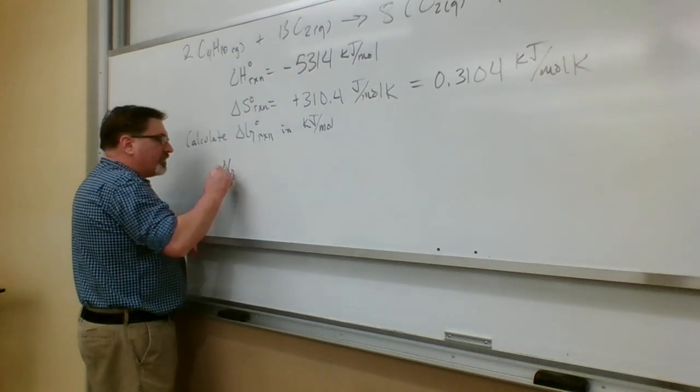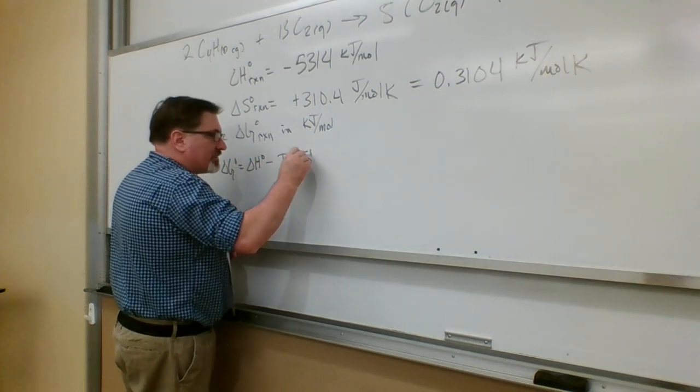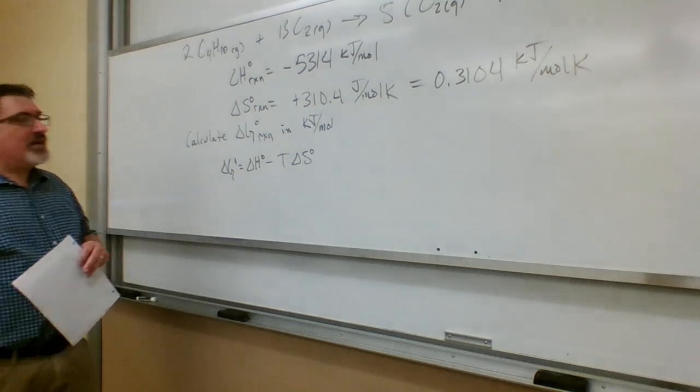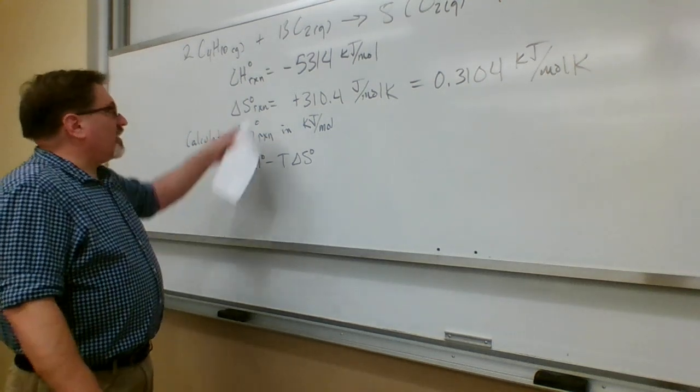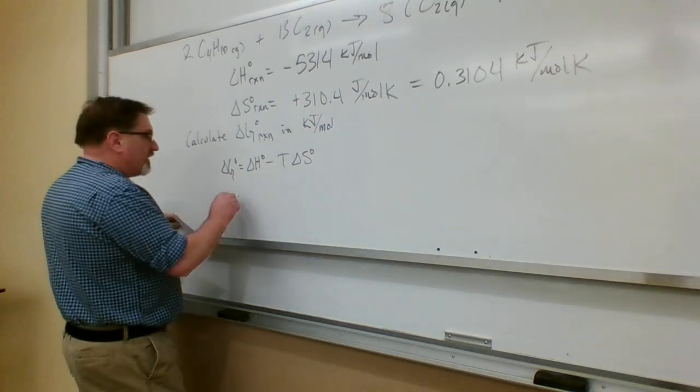So delta G 0 is delta H 0 minus T delta S 0. Where's our temperature? Well, it's all at standard conditions. That means temperature is 298 K. So we plug in our numbers.